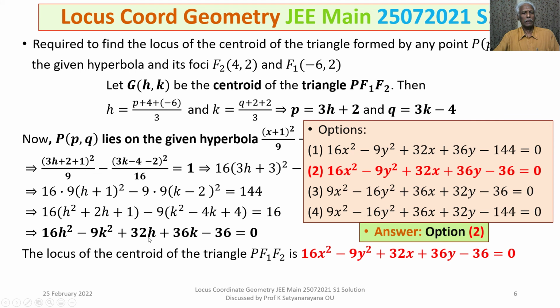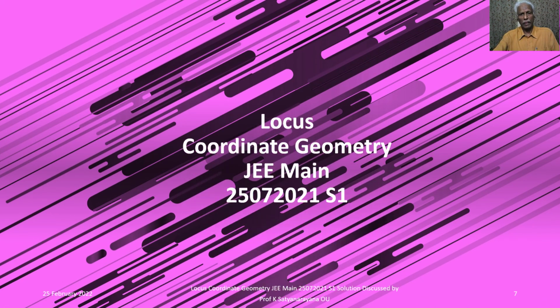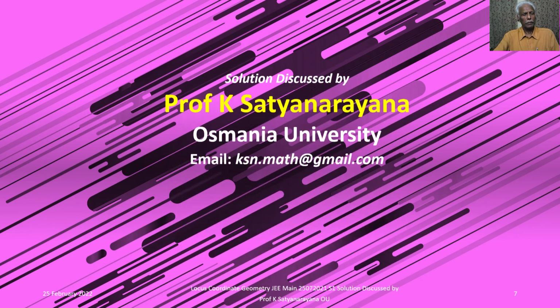So that is the discussion of the solution of the problem based on the concept of the locus, wherein a hyperbola and its foci are involved, and any point on that hyperbola and the foci F1 and F2 form a triangle, and we wanted the centroid of that triangle.